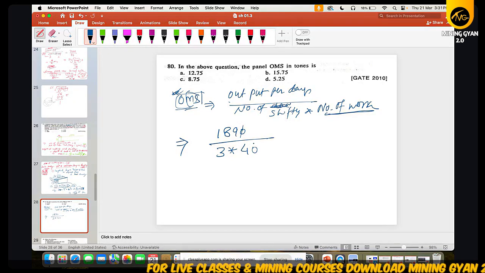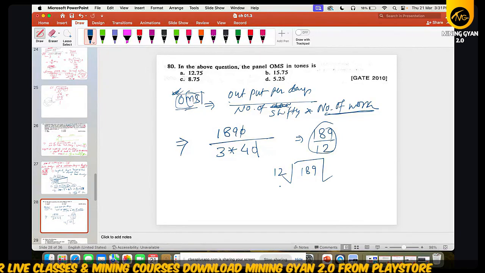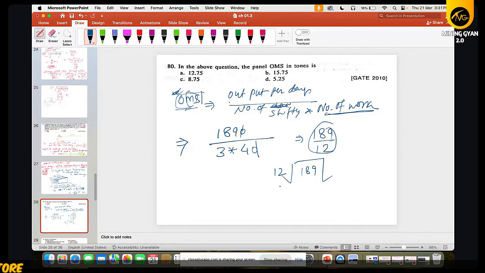Okay, and answer will be 189 by, divide with, you have to subtract, try to calculate, complete the question. Okay, whenever I leave it on you, then do not leave it. After the class or after the dinner, you should try and solve and get the end result.